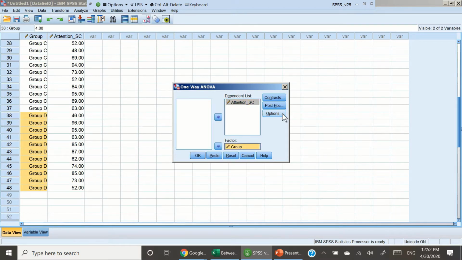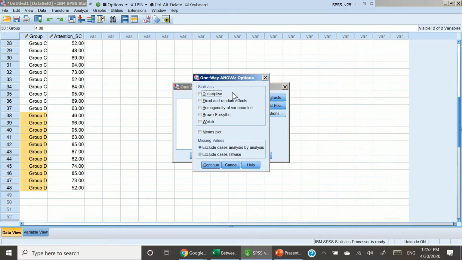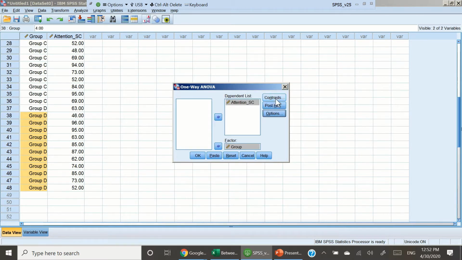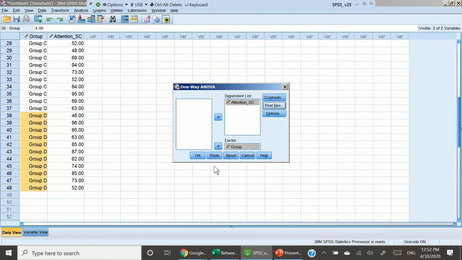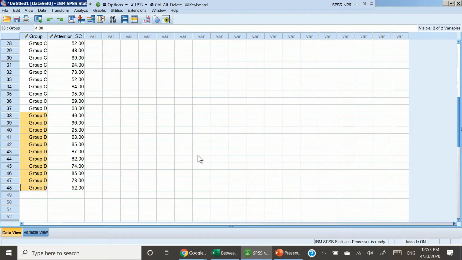Then go to options, select descriptive and homogeneity of variance test, continue, and then go to post hoc and say I want to use the Tukey. Where's the Tukey? Up here. Here it is. Then click continue, and then click OK.